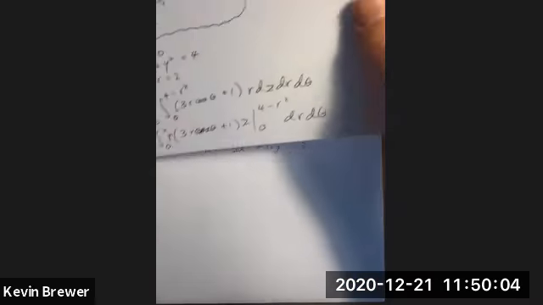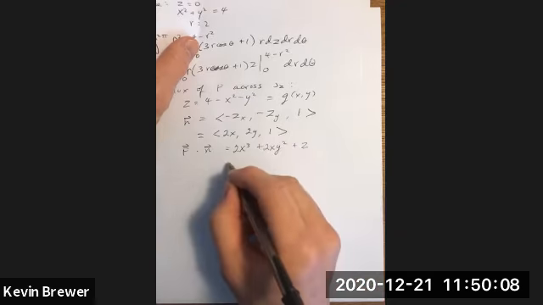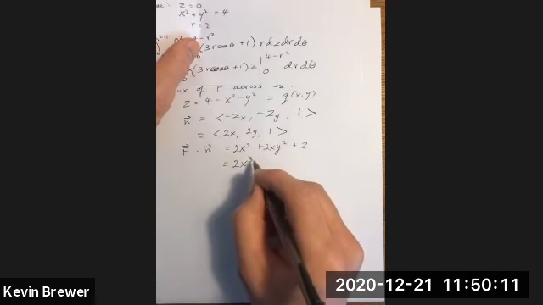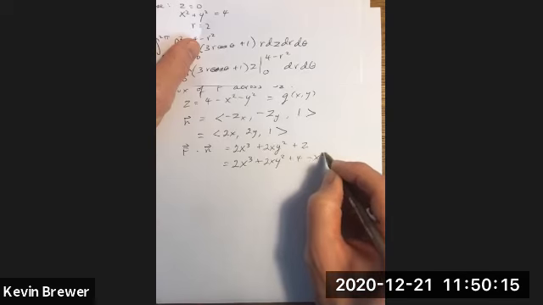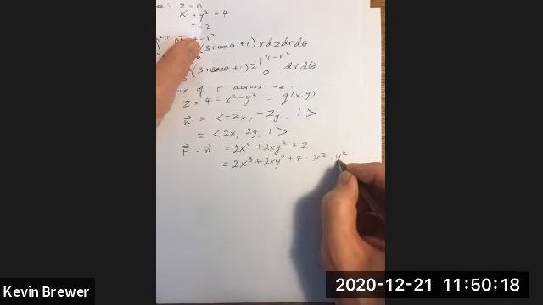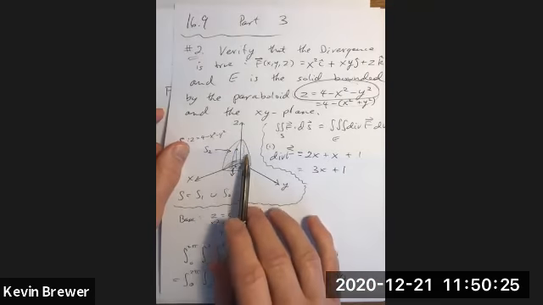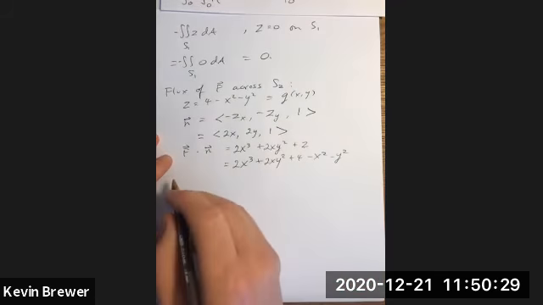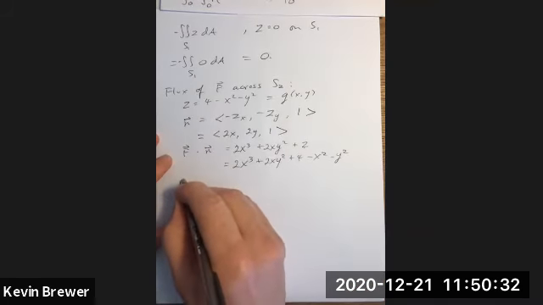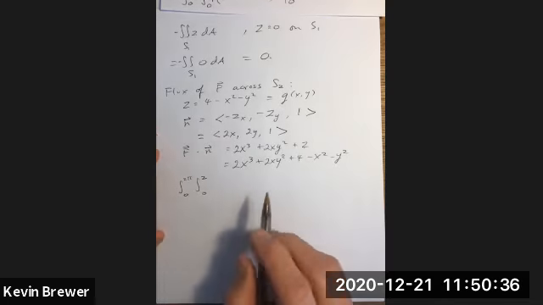this is a polar integral. So we want to state z as a function of x and y. So this is 2x cubed plus 2xy squared plus 4 minus x squared minus y squared. And then the surface integral over S2 becomes that polar integral. So we've already gone through the details of what that looks like.